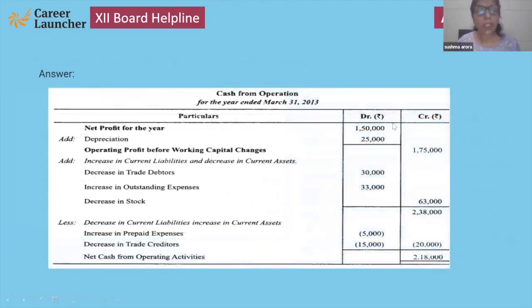Net profit for the year. Children, see here, I am going to show you. Depreciation should be added. Then DCA should be added, ICL should be added.